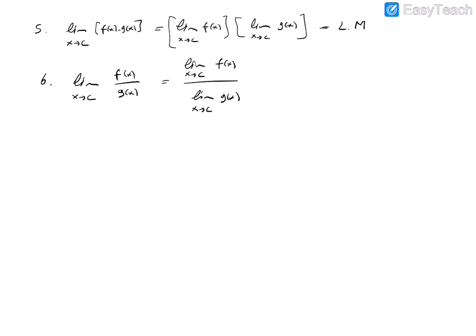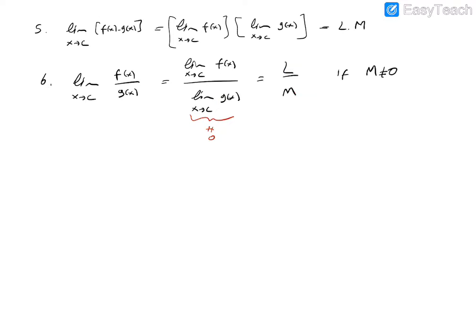The limit in the denominator has to be different than 0. That means M different than 0. So this equals L over M if M is different than 0. Otherwise, that quotient is not logical. For example, 2 over 0 is indefinite, okay?